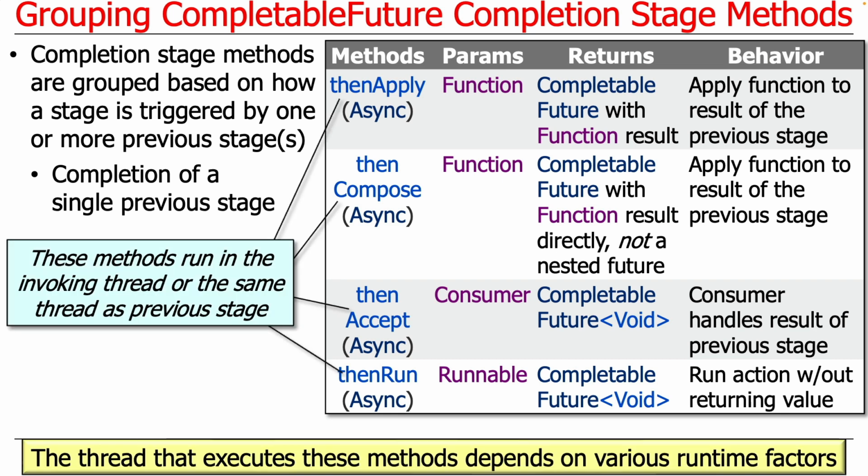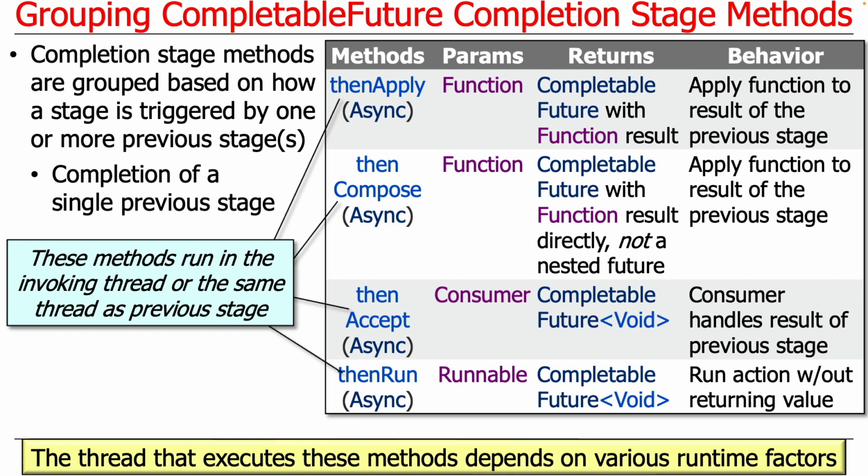There's also another set of methods that have the same prefix but have a different suffix, which is the Async word. These methods will arrange to run the parameter, either a Function, a Consumer, or a Runnable, either in the invoking thread, if that's appropriate, or more likely in a different thread. Sorry, I said that wrong.